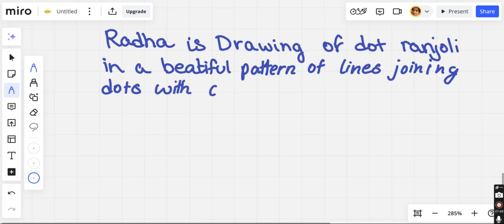She uses chalk powder to draw the rangoli.